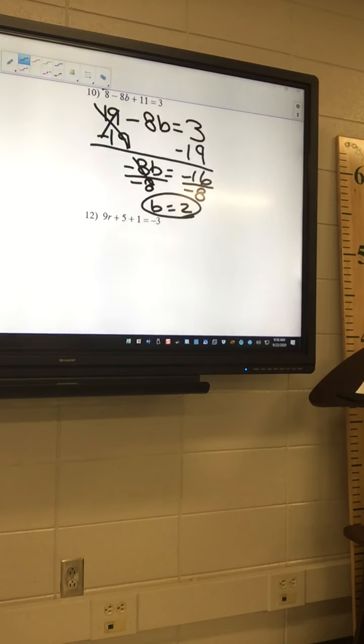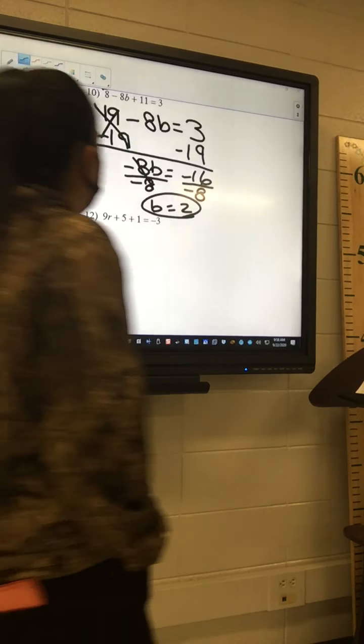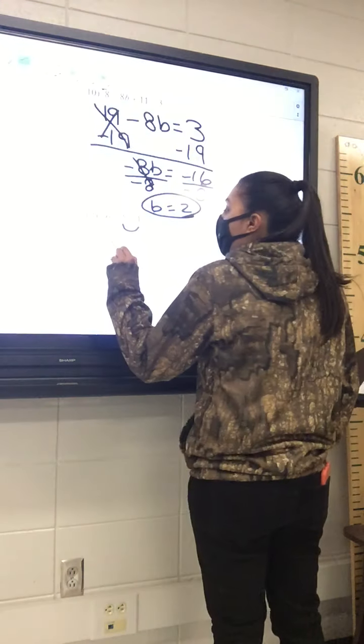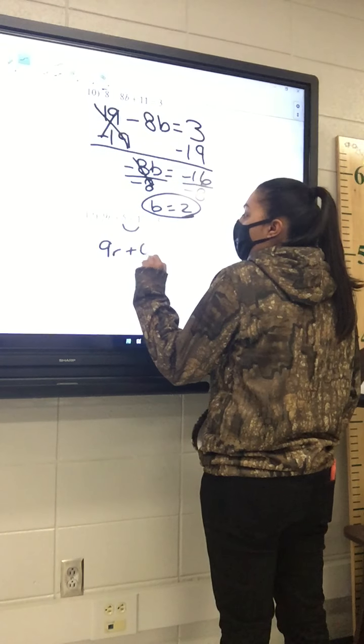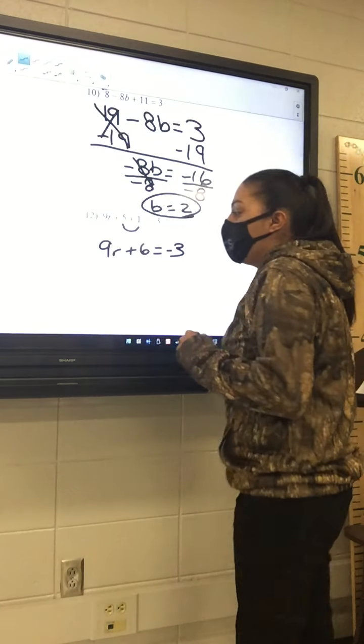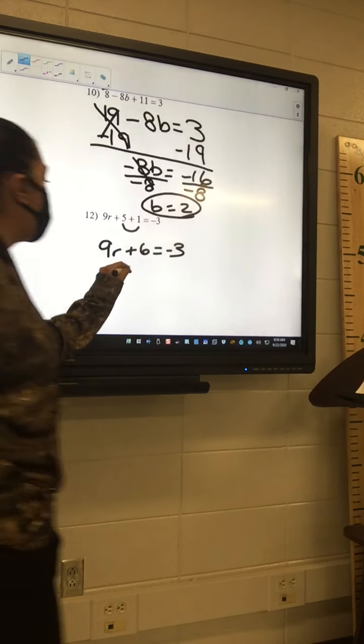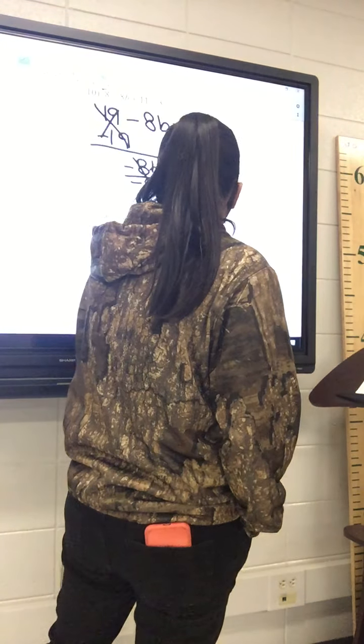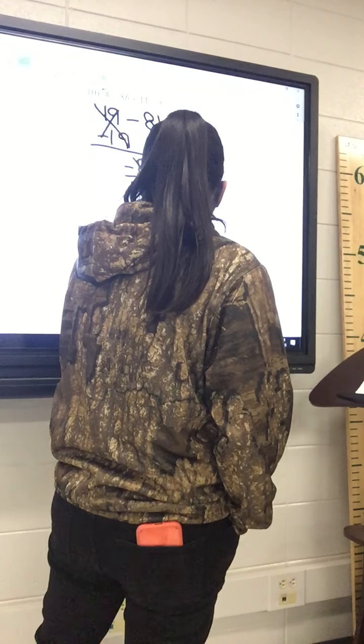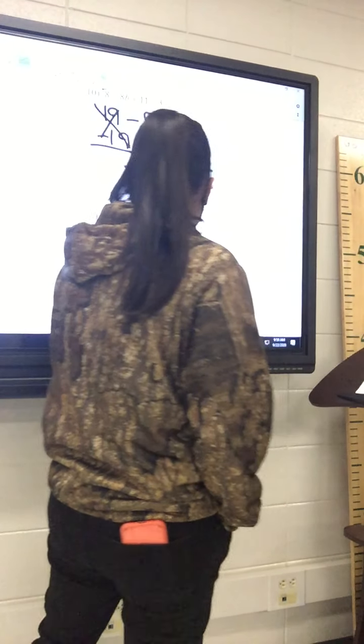Okay, look at 12. What can we combine? 5 and 1. The 5 and the 1 to give me what? 6. So I got 9r plus 6 equals -3. What's going to be our next step? Subtract both sides by 6. -9.